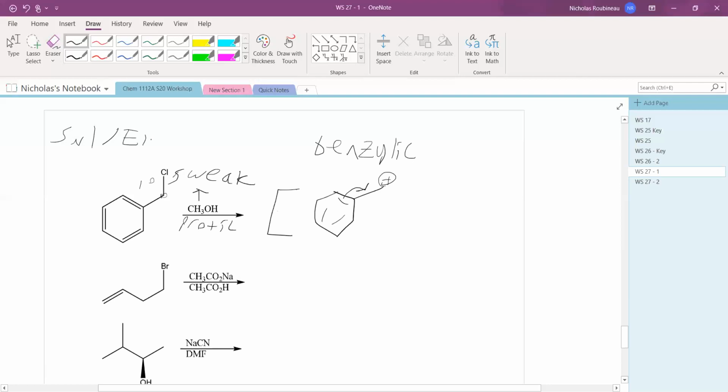Okay, so now we know that it's going to be SN1 and E1. Can we draw an E1 product for this? Is that possible? Is there a neighboring hydrogen that we can take away to form a double bond with?